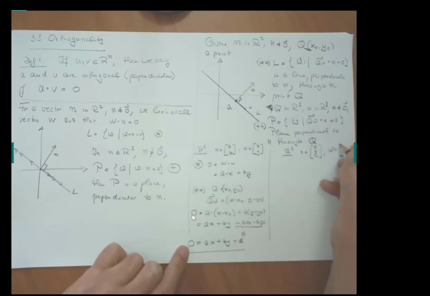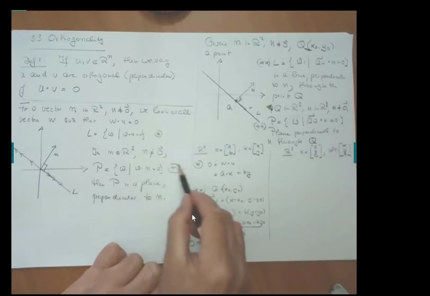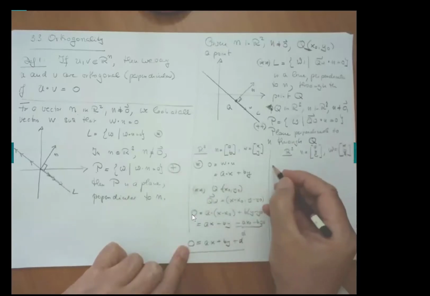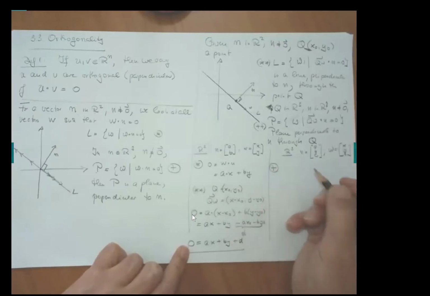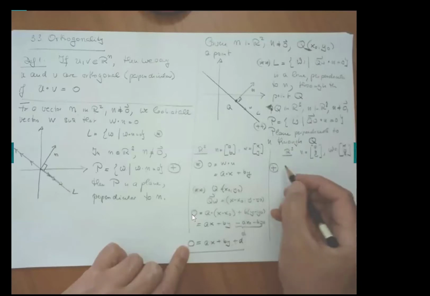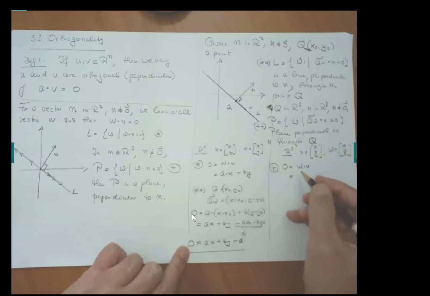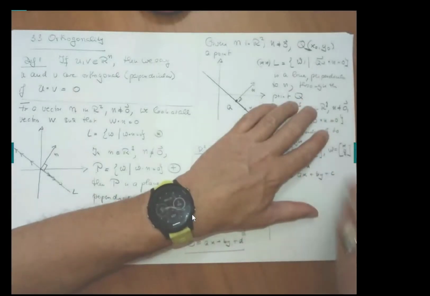And W I call X, Y, C. Then the homogeneous equation, that's the equation of a plane through the origin, is 0 equal to W times N, which is now A times X plus B times Y plus C times C.